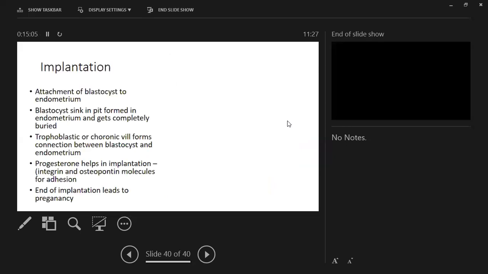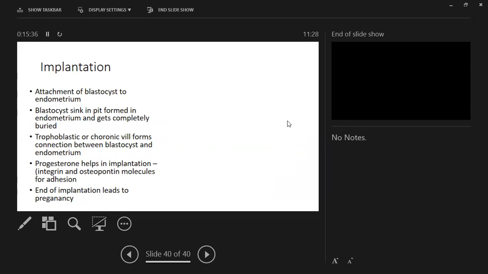Then the last part is implantation. Implantation is the attachment of the blastocyst to the endometrium. The blastocyst sinks in a pit in the uterus, where it is completely buried. The trophoblast, which is the outermost layer, will form chorionic villi.